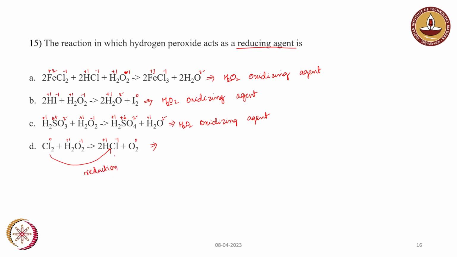So because it's a reduction, H2O2 is a reducing agent. So the answer is option D, Cl2 plus H2O2 giving HCl plus O2. Here H2O2 acts as reducing agent.